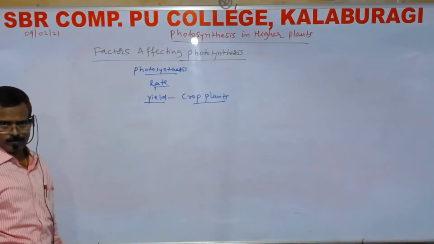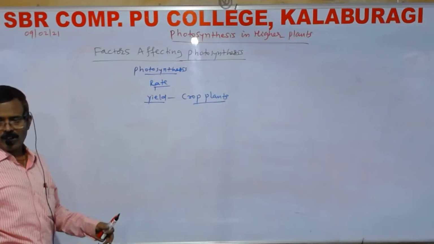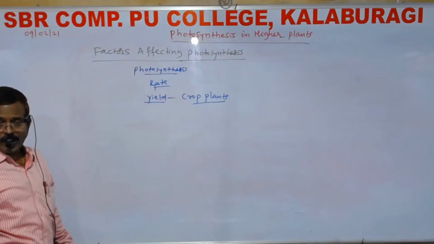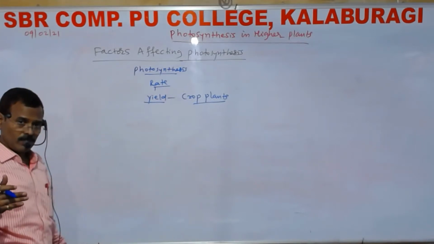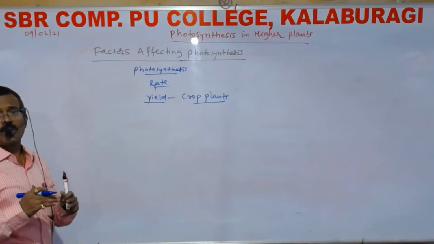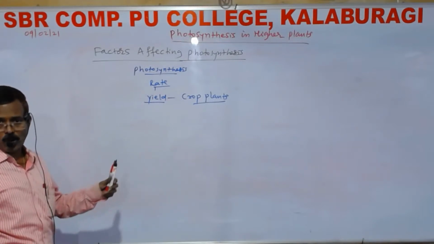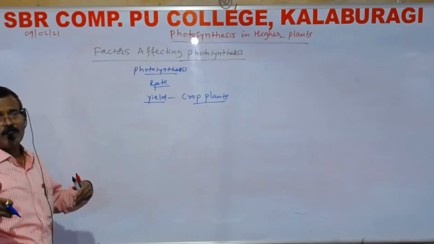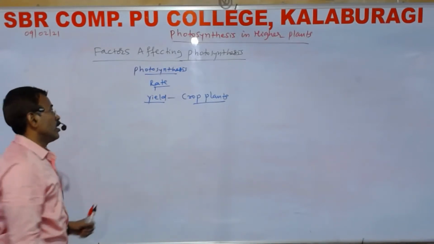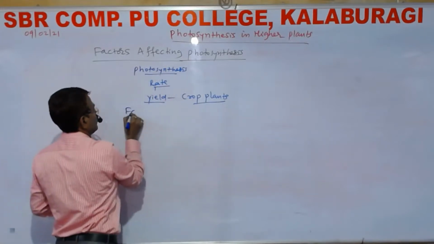Yield will be more. Okay, so in the form of carbohydrates which are produced. So that can be utilized for respiration and for various metabolic activities. So overall, it results in growth and development, promotes increase in metabolic activity, so greater yield. So here, various factors are there.